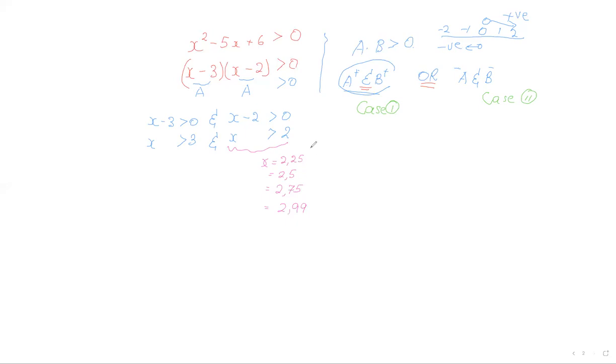Now, all these numbers here are greater than 2, but all these numbers here are less than 3.